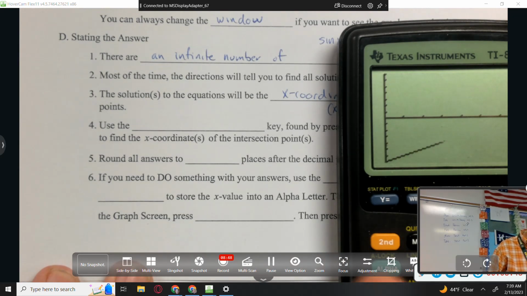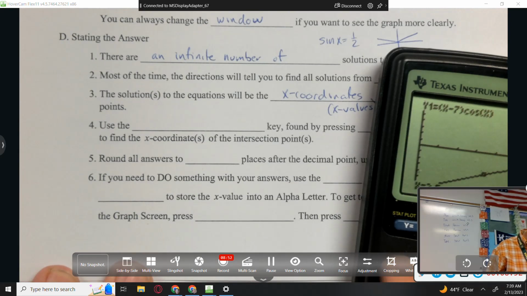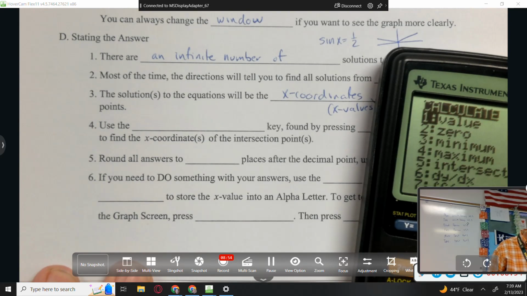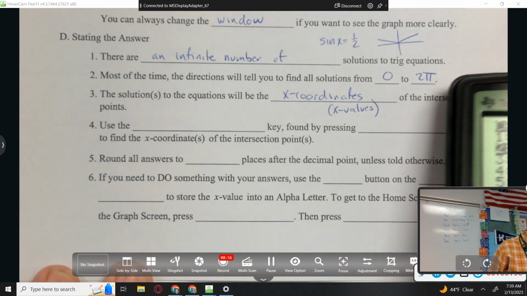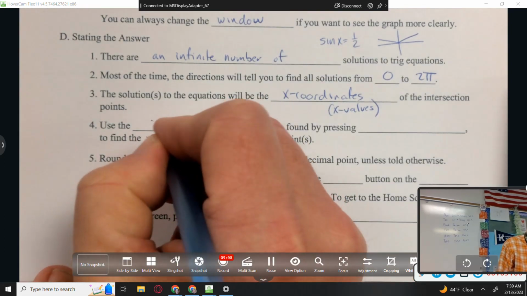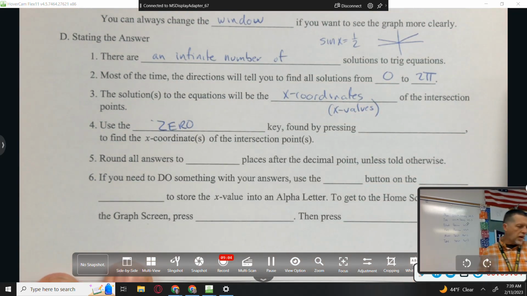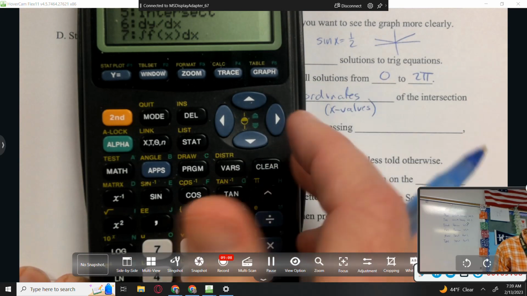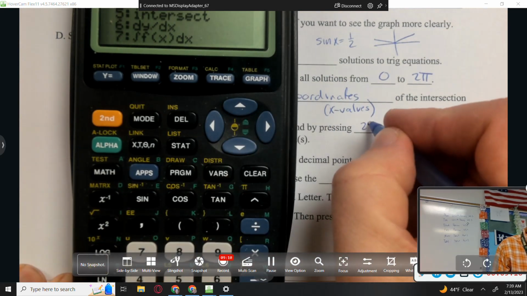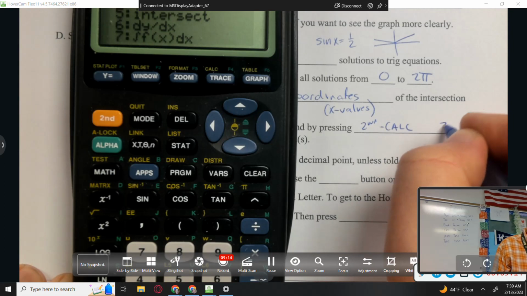I'm going to change this up from my notes here. Use the zero key. This is how I'm going to say to do it. Found by pressing second calc, and then the number 2.